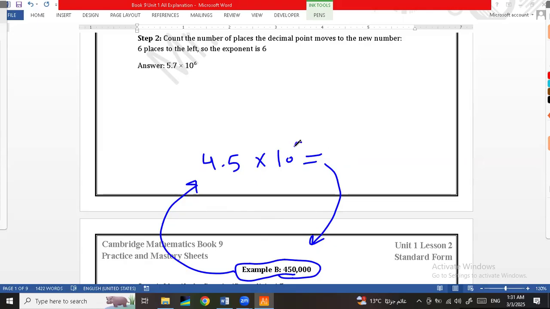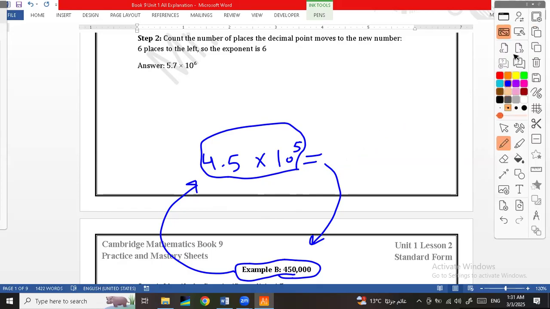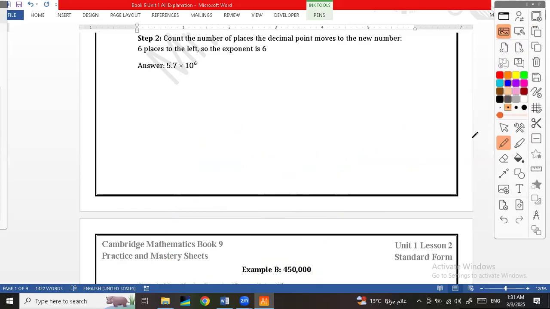So 4.5 times 10 to the power of 5 is going to give me 450,000. All right, let's continue with the next example.